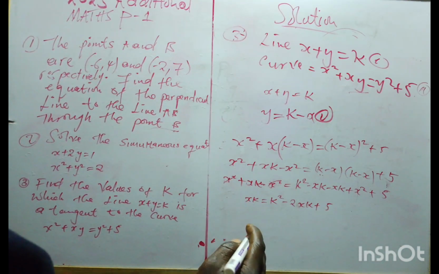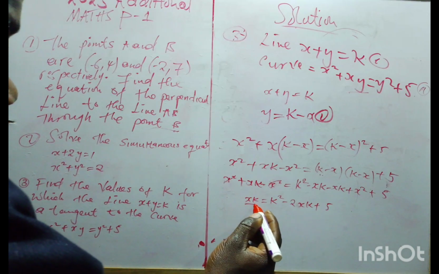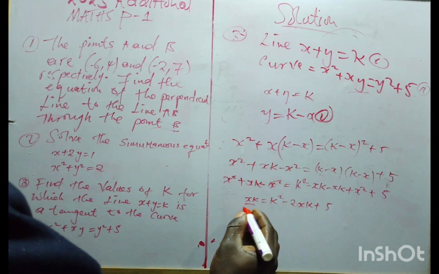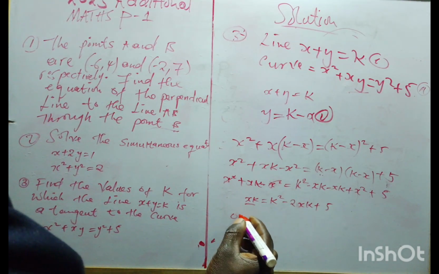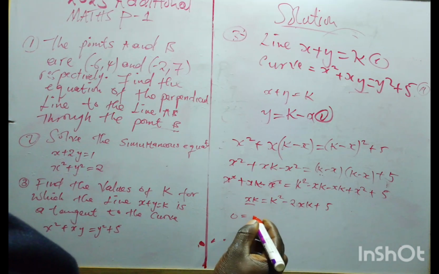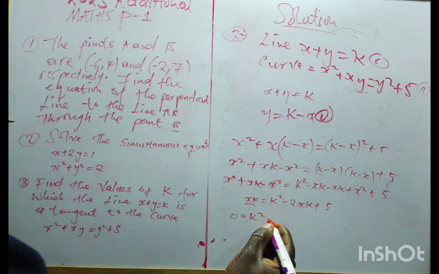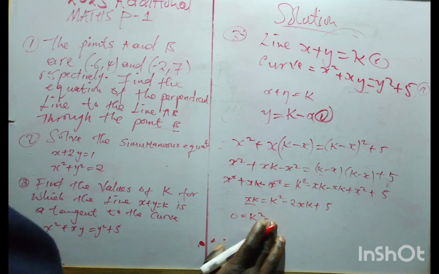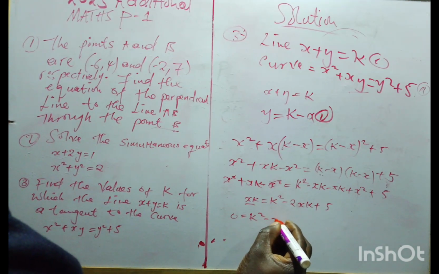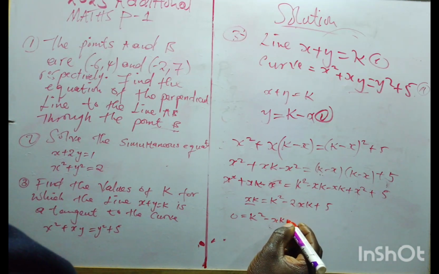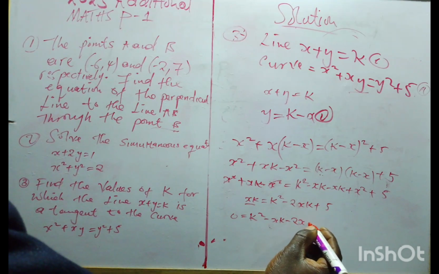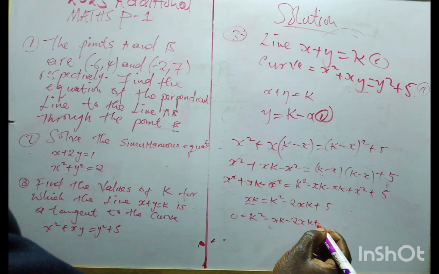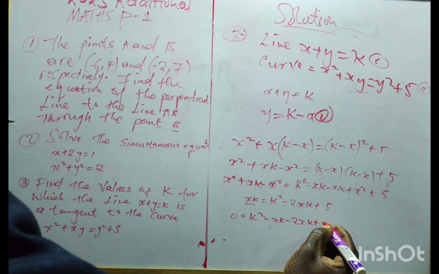Okay, in which we are going to take this term to this side. In here we're going to remain with 0, in which it will be 0 equals to k squared, and minus xk, then a minus 2xk, then plus 5.